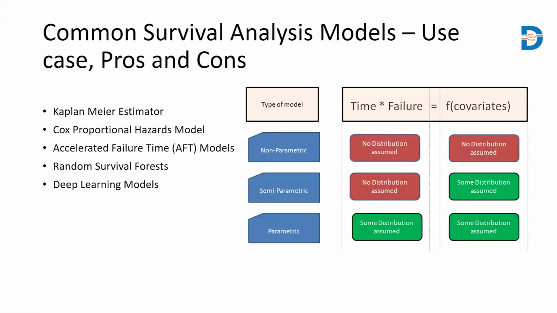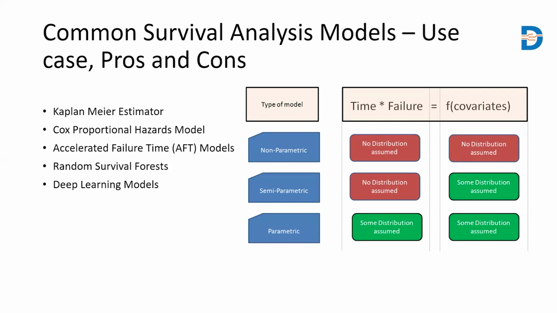Now, let us have a look at common survival analysis models and how they compare against each other. Usually, non-parametric models assume no distribution, and parametric models assume that the data follows a certain distribution. The Kaplan-Meier estimator is usually used to estimate survival functions from lifetime data.